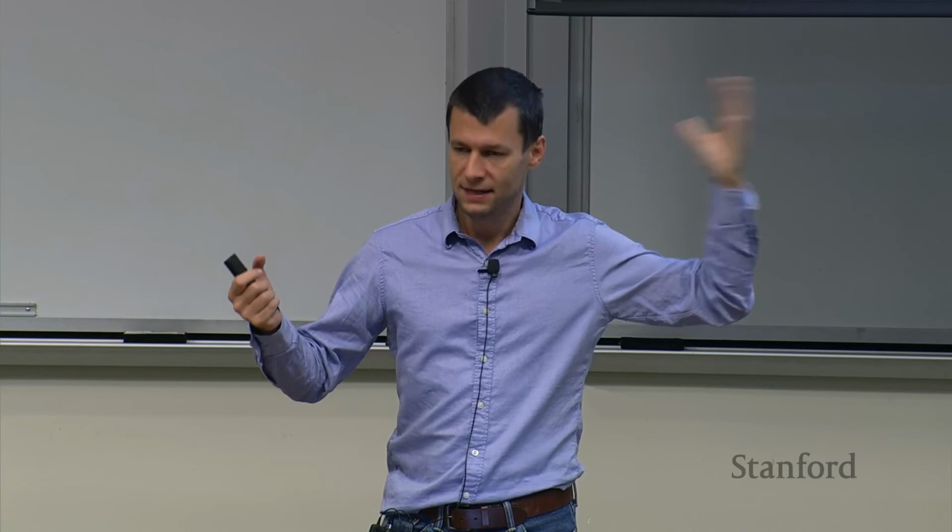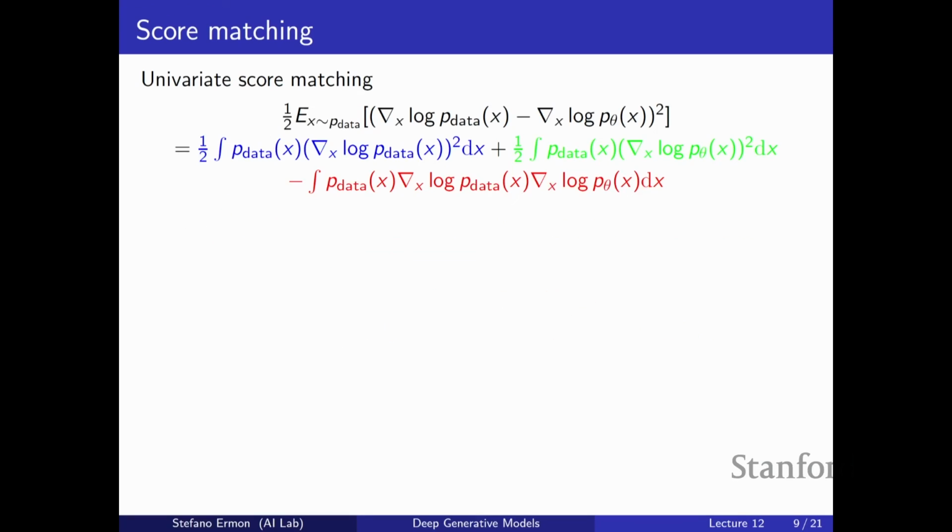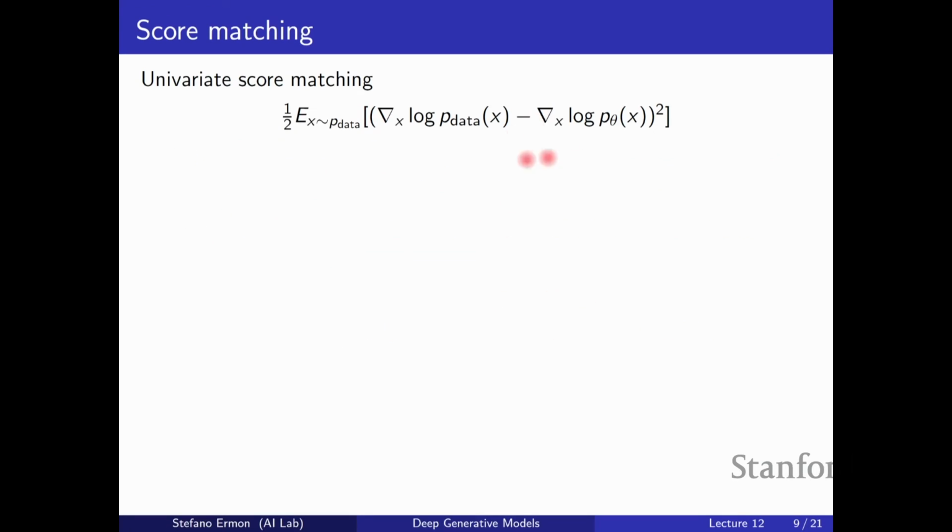So even though you might think this is not quite the right objective, in the limit of infinite data, if you were to optimize it globally, this would give you exactly the data distribution. Because it's really just equivalent up to a shift to the true Fisher divergence that we started with, which is 0 only if the densities match.